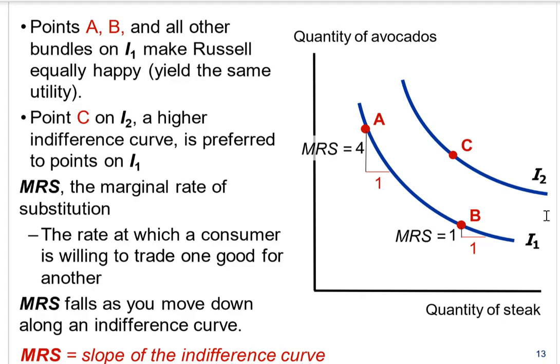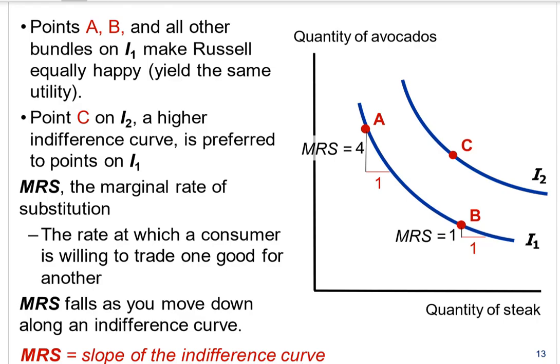So here we have two indifference curves, and the example states that the points A and B and all other points on indifference curve I1, so this is I1 here, give us exactly the same level of satisfaction.